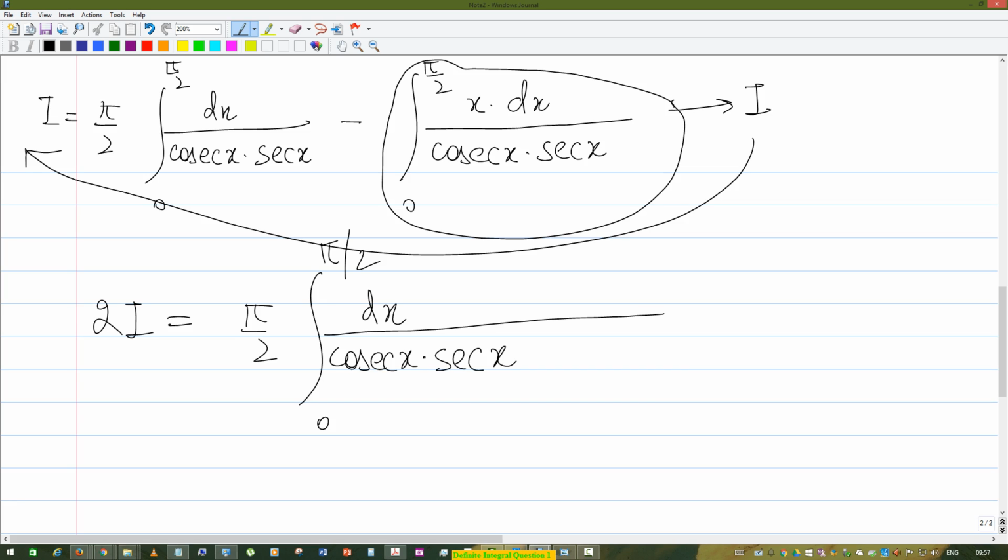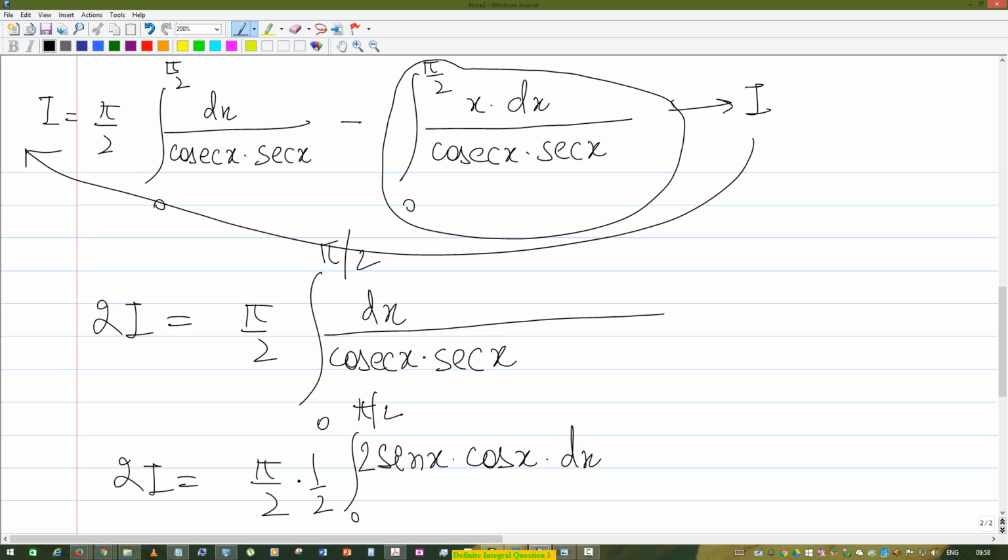Now, a close observation will enable us to see that we can take it to the numerator part. The cosec will become the sin x, the secant will become the cos x, since I had already told you that the secant and the cos are nothing but the inverse of each other. And this dx. Alright, so what we can do is we can multiply a 2 here and we can divide a 2 here.